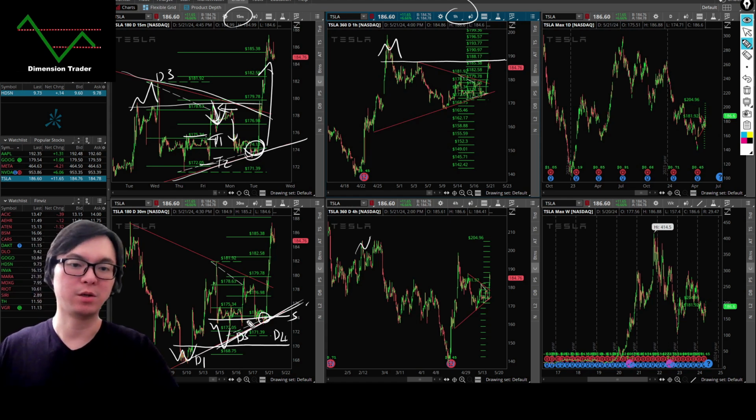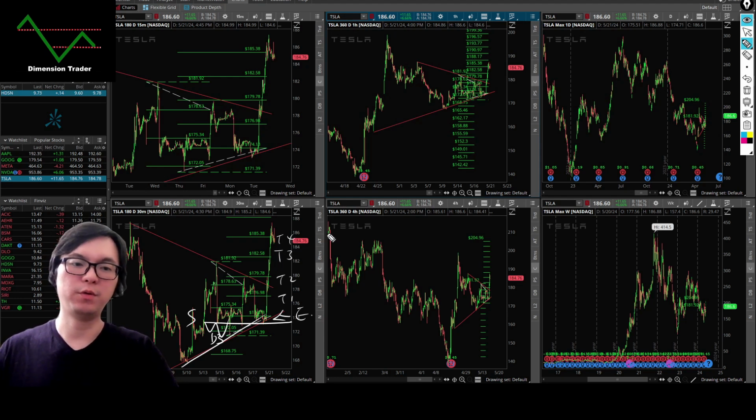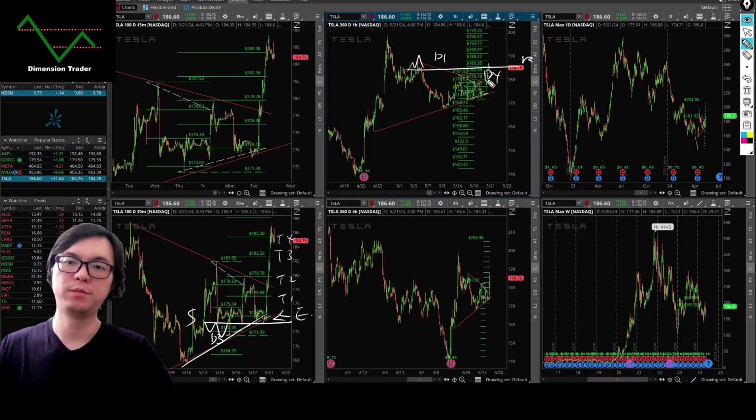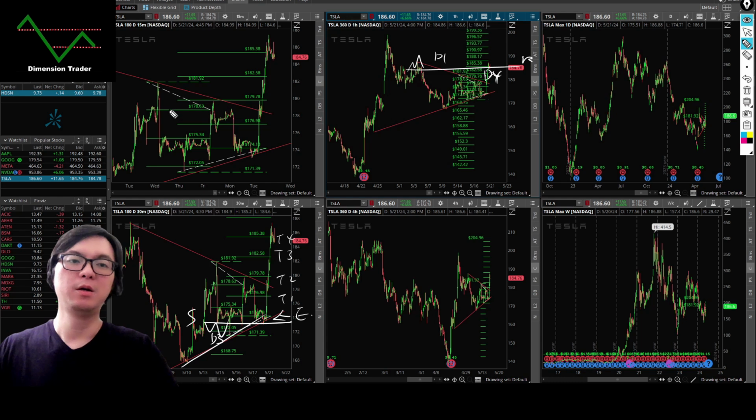If you recognize the long position, of course, this long position is going to be entered right here, right at the trend line, along with the support of dimension 3, with target 1, target 2, target 3, and target 4 reaching all the way to the top resistance of the dimension 4 zone. Okay, so this is the long position setup after the scalping we saw in the previous video.